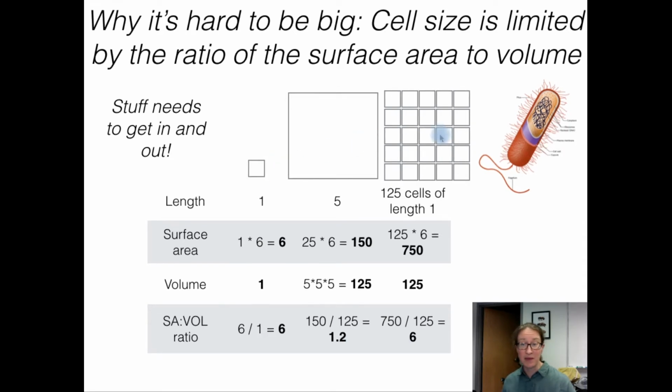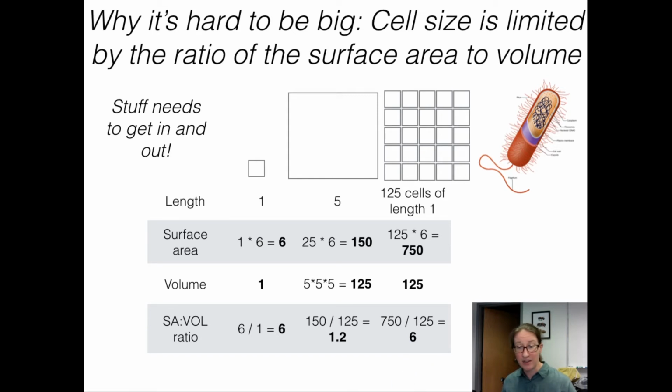So then instead of a big blobby 5 by 5 by 5 outcome, what we've now got are 125 cells, each of length 1. So the total surface area of those 125 new cells is going to be 750. The total volume is still going to be 125, and so now we're back to a surface area to volume ratio of 6. So it's hard to be big because you lose a lot of that working surface area.